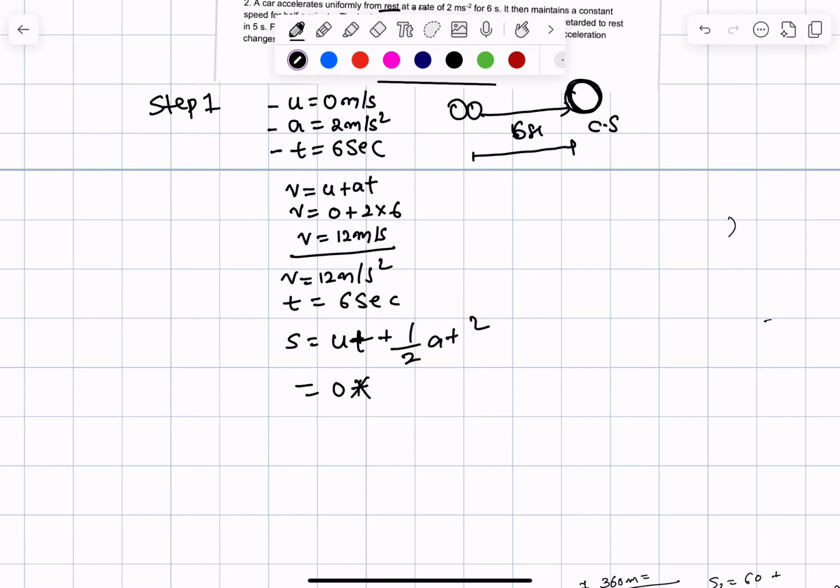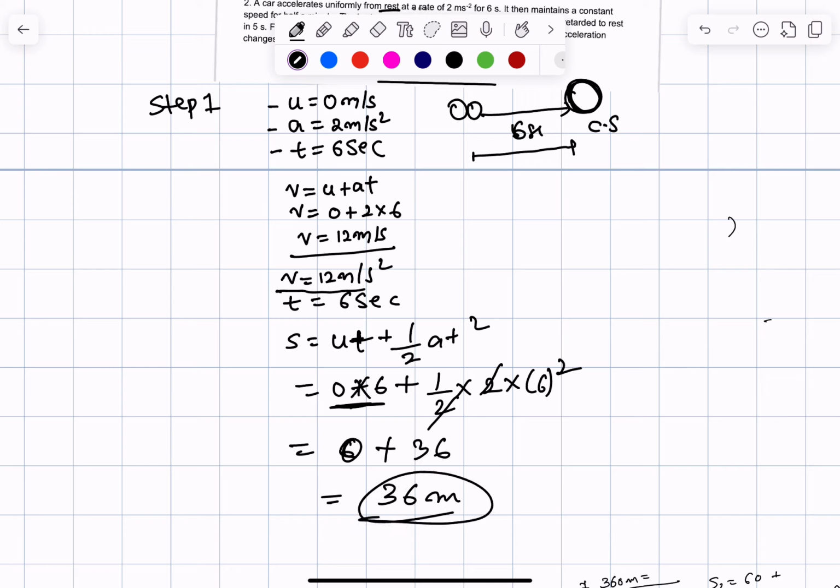Time is 6, plus half into acceleration is 2, and time is again 6 square. 6 plus 2 get cancelled. 0 into 6 is 0, so you get 36. So that is the reason we have 36 meter.